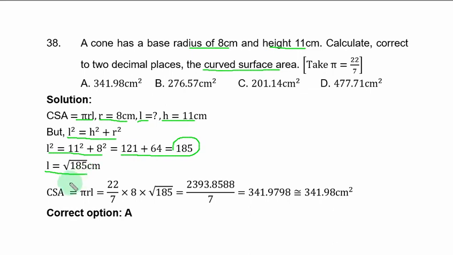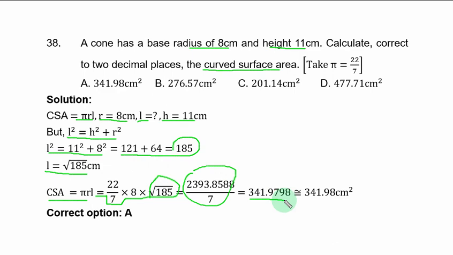So the curved surface area is equal to pi r L, that is equal to 22 over 7 times radius 8 times the slant height, square root of 185. So if you check the square root of 185, multiply it by 8, multiply it by 22, you have this value over 7. If you divide, you have this.